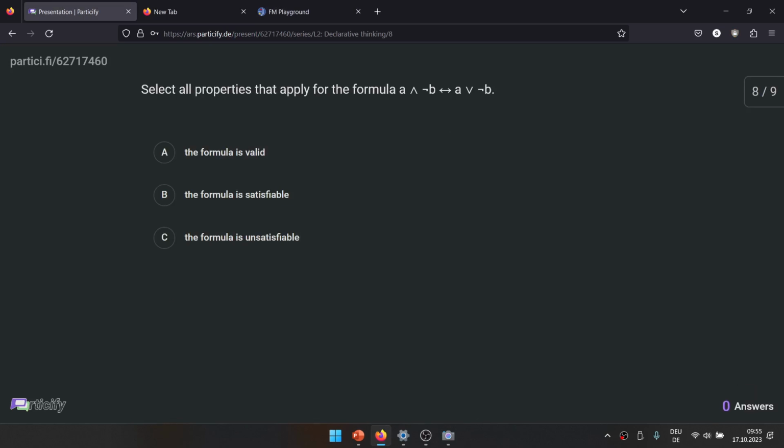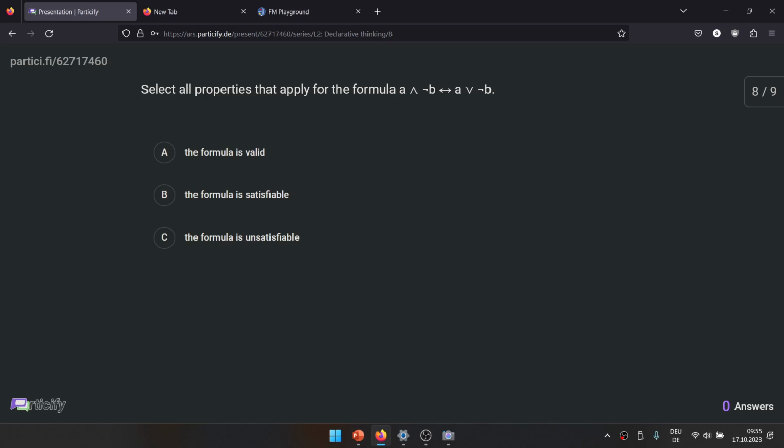Now, if I give you this formula and I ask you to select all properties that apply: is the formula valid? Is the formula satisfiable? Or is the formula unsatisfiable?